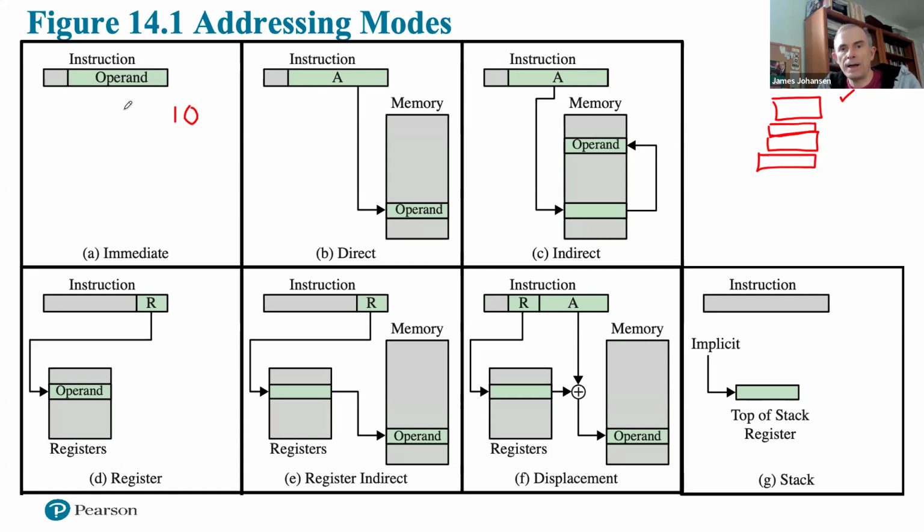So if we're going to do add, and say we have 3 registers, it would be add register 1 with register 2 and put the results in register 3. So we're just trying to show you how we would get that operand, that value, in these various different ways. So is this making more sense to you guys? Are you understanding these 7 different addressing modes?